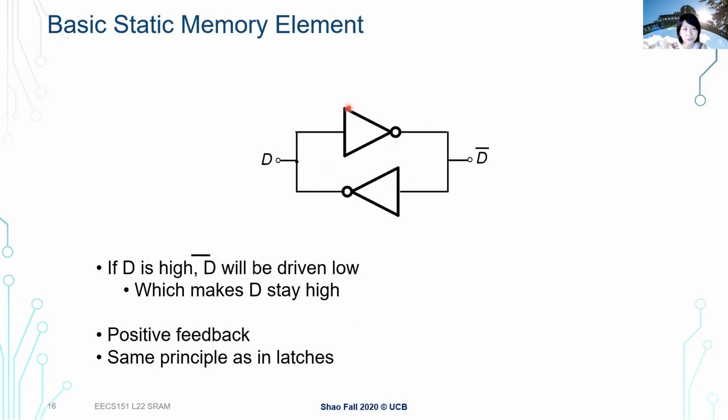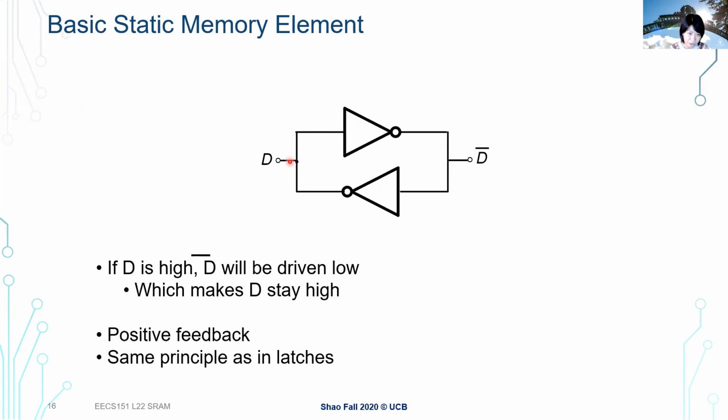So whenever we look at the storage element, this is very familiar. This is basically the same as what we have seen in latches, using this feedback loop or cross-coupled inverters to store our element. And the stored value is also the same as what we already saw in latches. We always store a pair, both the original value, and if D is 0, the inverted value, D bar, is basically 1.